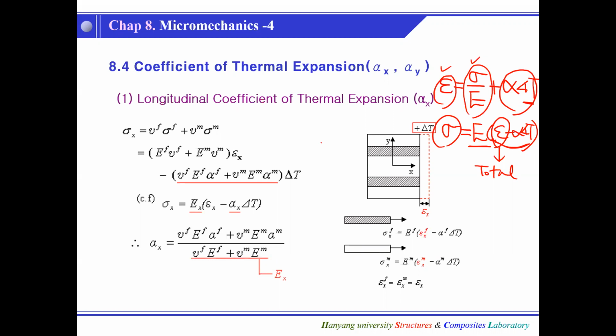And now look at the composite where we have a fiber and matrix in a combination like this. Now, the overall composite is subject to a delta T. Okay, delta T is the external temperature.